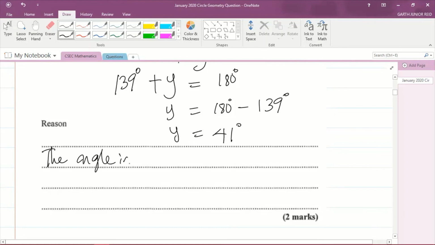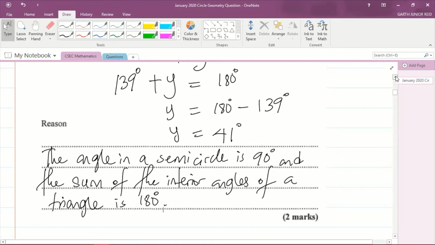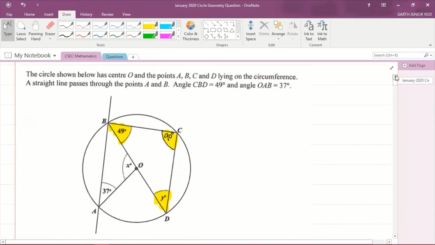So the angle in a semicircle is 90 degrees, and the sum of the interior angles of a triangle is 180 degrees. And that is my reason for part B, to find the value of y.